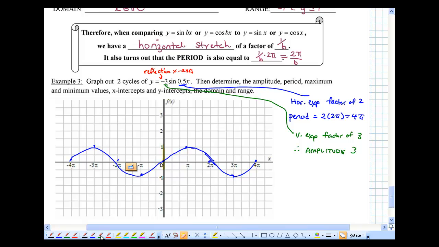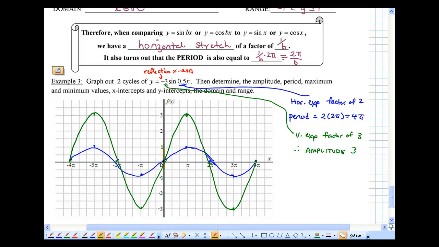I've got this expansion by a factor of 3 vertically, so I guess that goes up 3, 0, down 3, 0. Okay, same thing over here. And then, of course, the last but not least is the reflection. So instead of being positive 3, now it's down at negative 3.